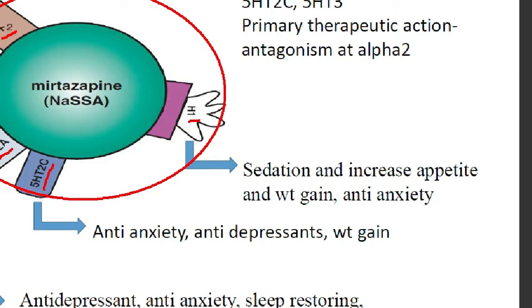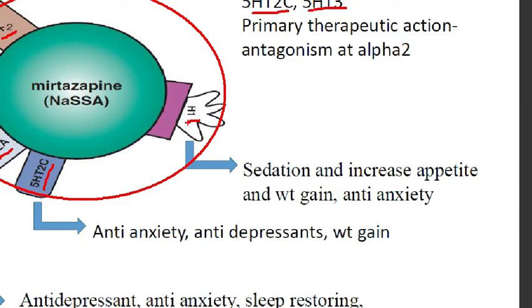Actually, mirtazapine blocks all these receptors. So, mirtazapine is an antagonist at alpha-2 receptors, H1 receptors, 5-HT2A receptors, 5-HT2C receptors, and 5-HT3 receptors. Mirtazapine has its therapeutic effects and side effects by blocking all these receptors.